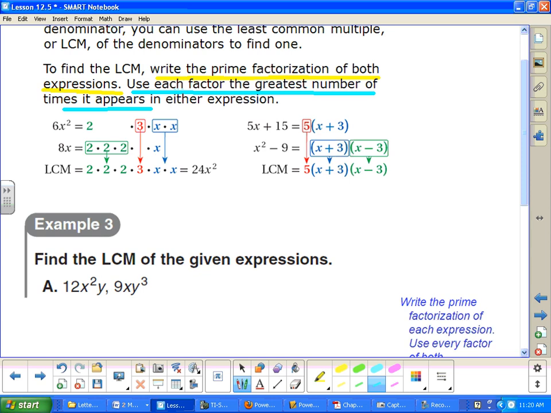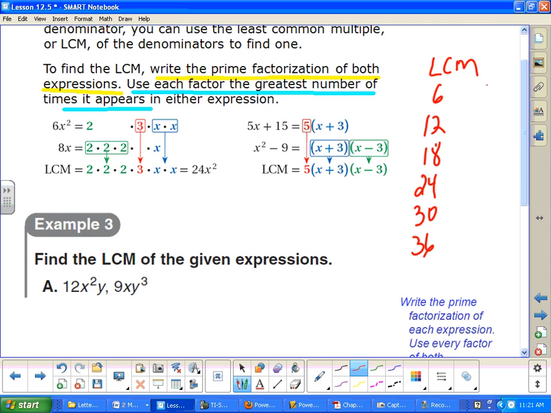So another way to think of that is this. Let's talk about the numbers first. When we're talking about least common multiple, we're talking about multiples, not greatest common factor. And that's something that people get mixed up. Multiples of 6: 6, 12, 18, 24, 30, 36, and so on. Those are the multiples of 6.